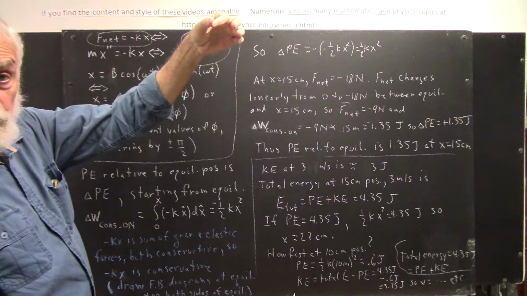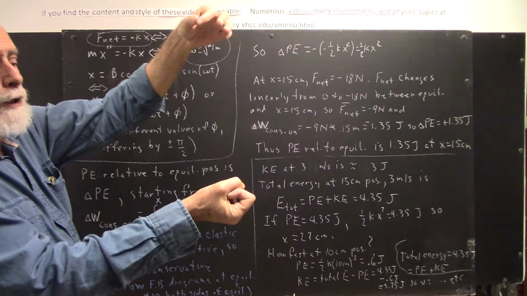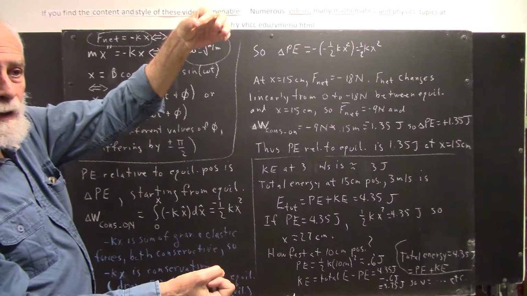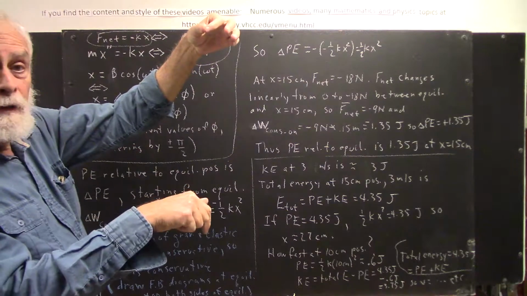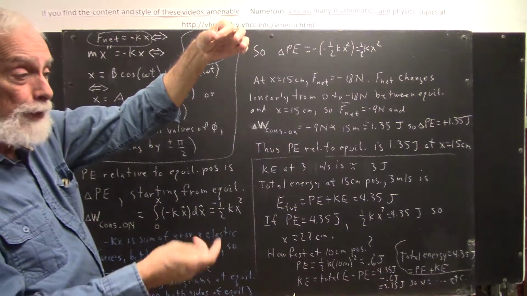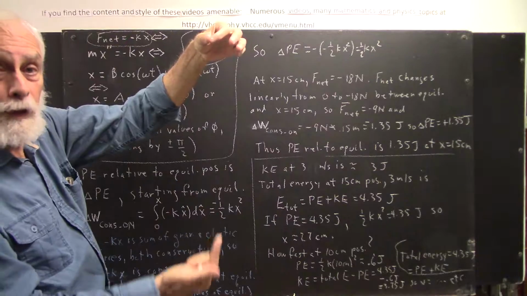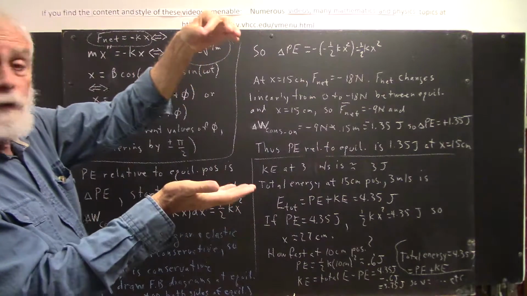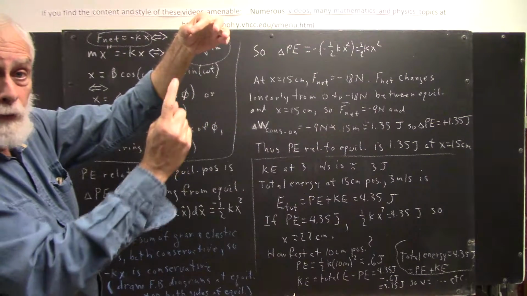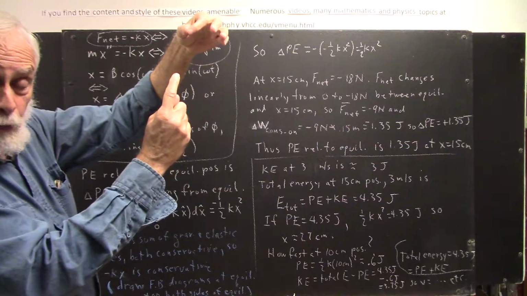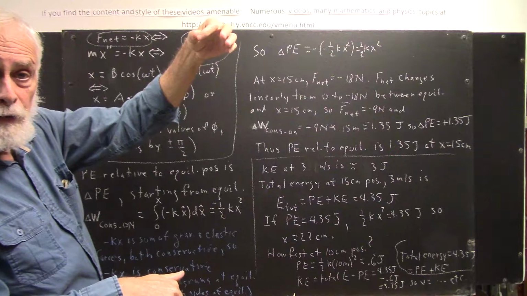Gravitational force doesn't change. So if we go down below the equilibrium position, we have more force from the elastic and the same force from gravitation as we did at equilibrium, which means we're going to have a net force upward. If we come up above the equilibrium position, the rubber band is less stretched. You have less force, and you still have the same gravitational force.